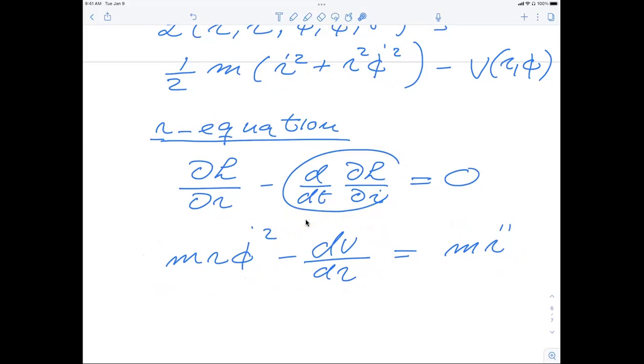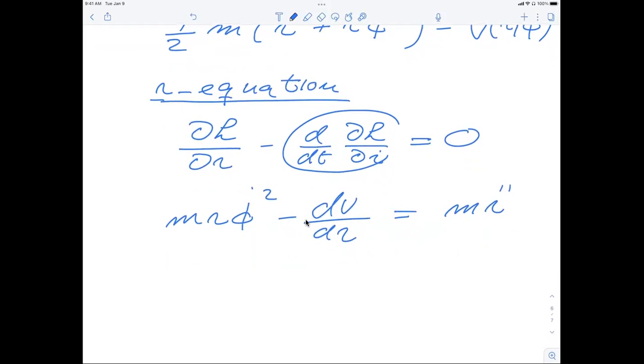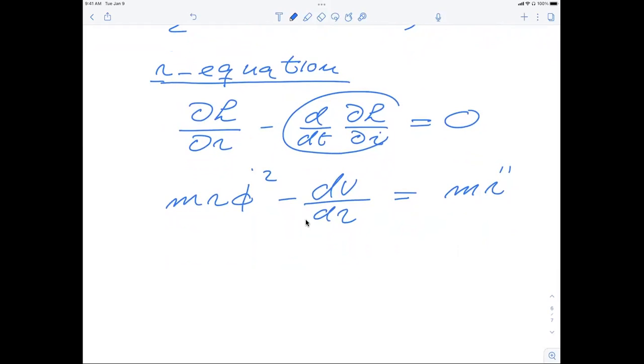And I haven't specified whether the potential depends only on the radial coordinate or on the radial coordinate and the angle. Now, the quantity which we have here is nothing but the radial force, which we had as the gravitational force in chapter 8.